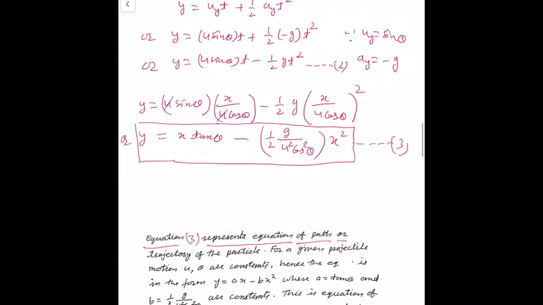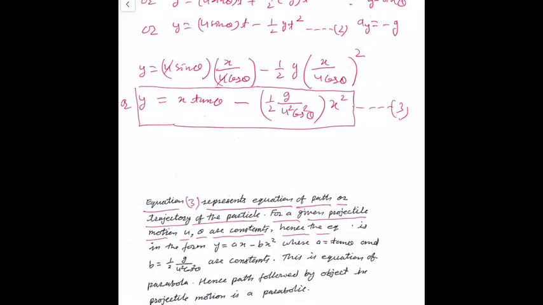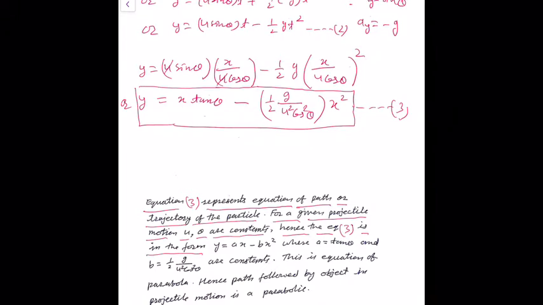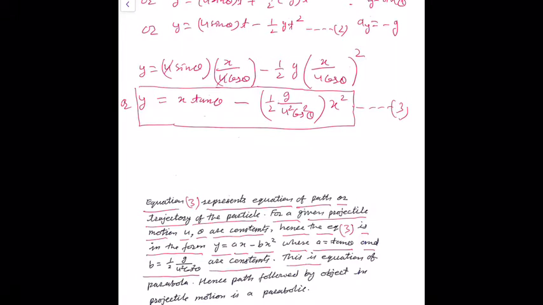Equation third represents the equation of path or trajectory of the particle. For a given projectile motion, u and theta are constants, hence equation third is in the form y equal to ax minus bx square, where a is equal to tan theta and b equal to half g upon u square cos square theta are constants.